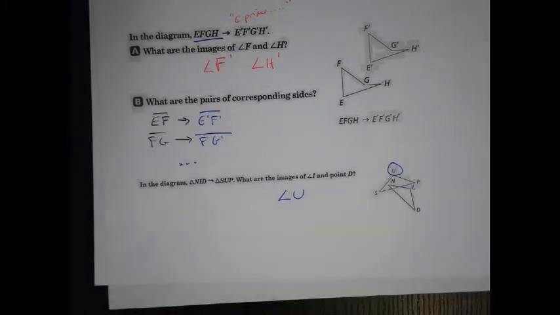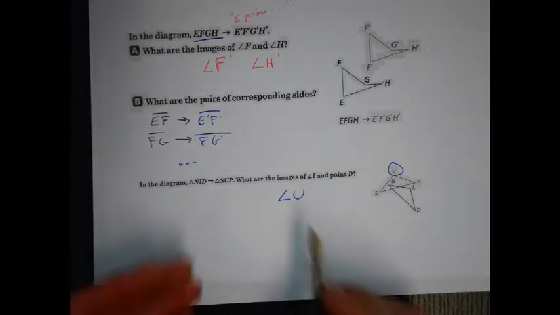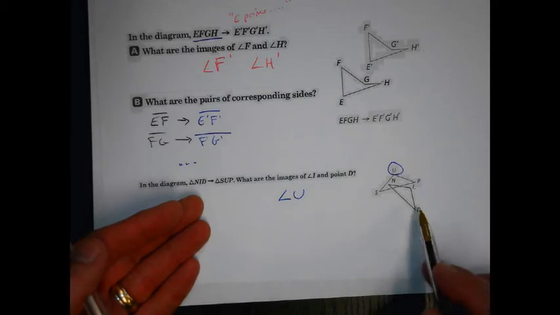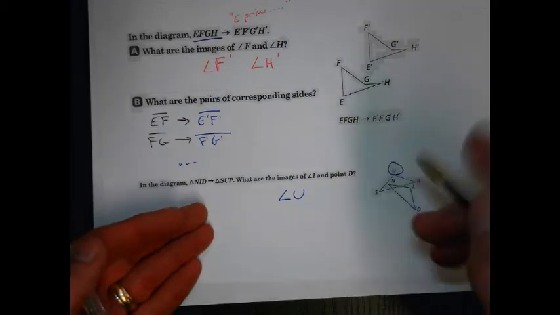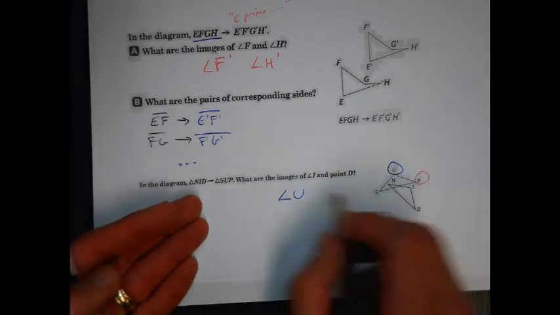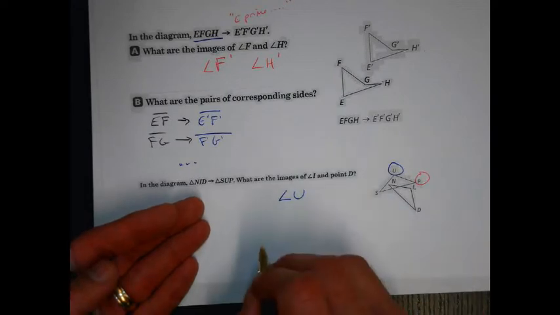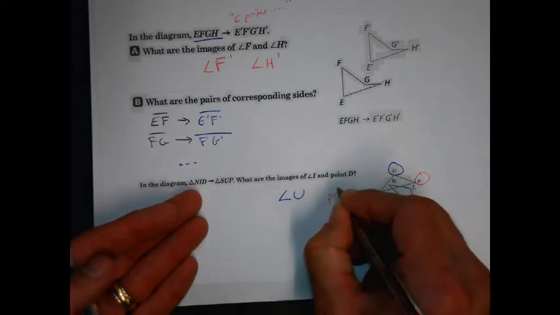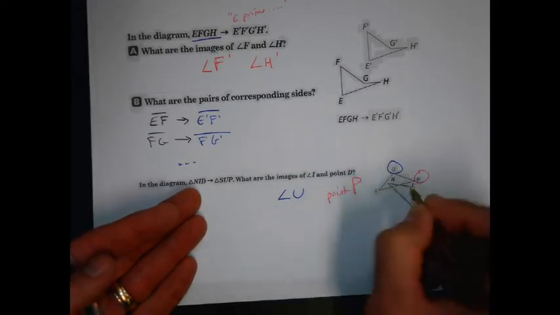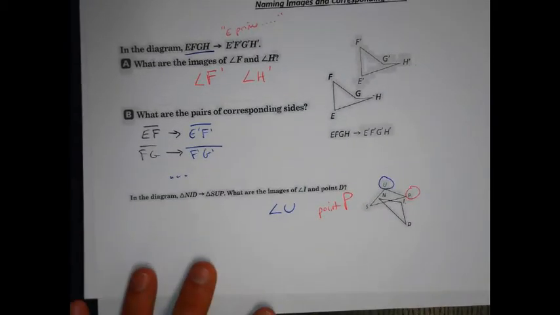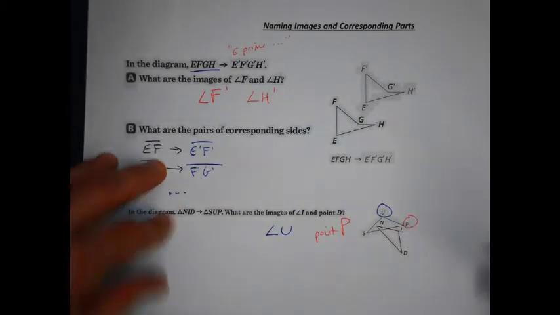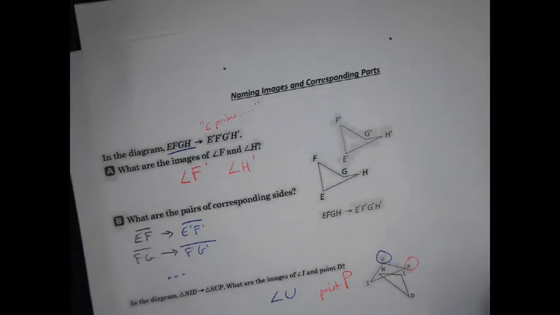Notice that. And then the image of point D. Here's point D in the pre-image. When we move it, it ends up being P. So the image of point D is actually point P. And that's how simple it is to work with what's called rigid motion. Pre-images and images.